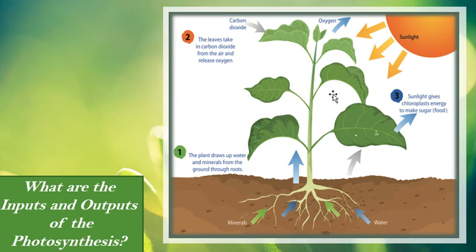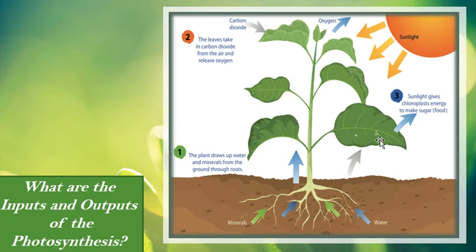So after that, sunlight, okay, we have here the light coming from the sun that gives chloroplasts energy to make sugar or food. So take note that in the leaves, there are plant cells. We have plant cells and animal cells.